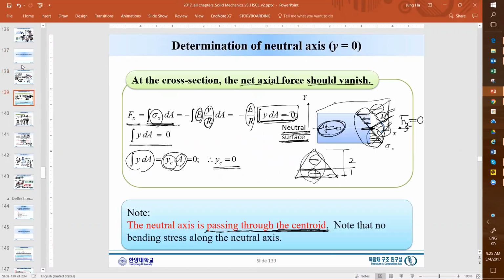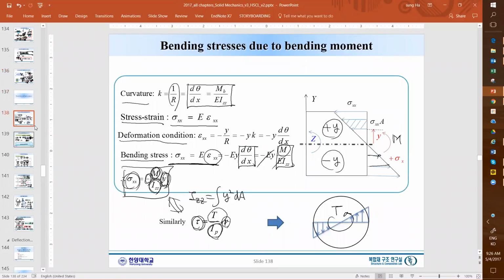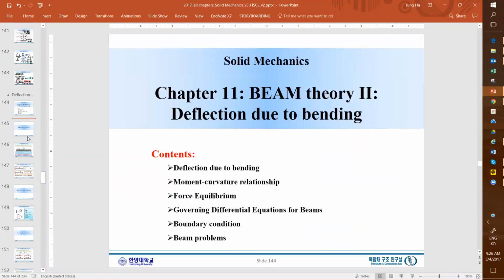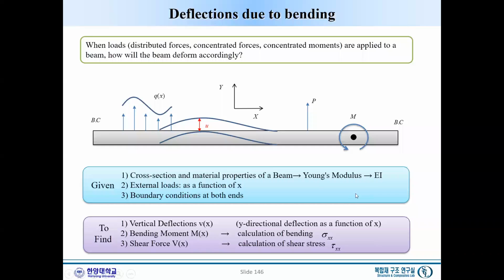Previously, we obtained all the beam theory, and that is the additional subject we have to consider. Actually, what we want to do in beams is, let's first review the problem statement.